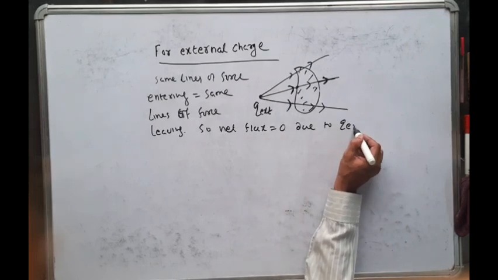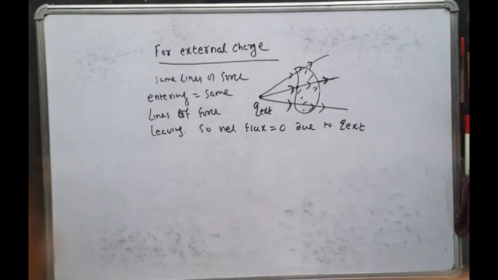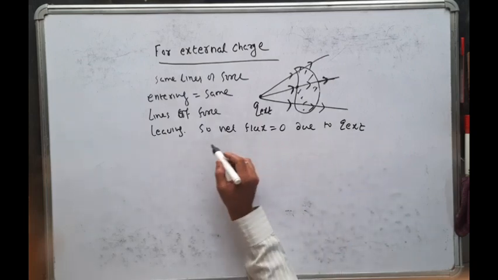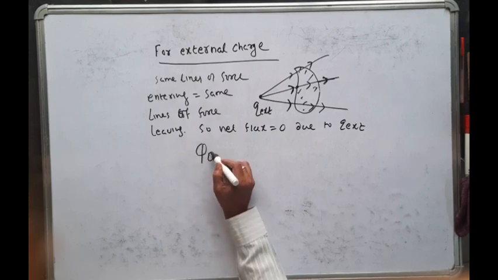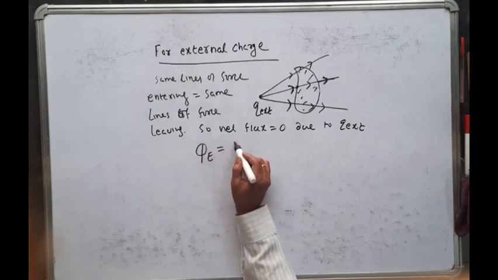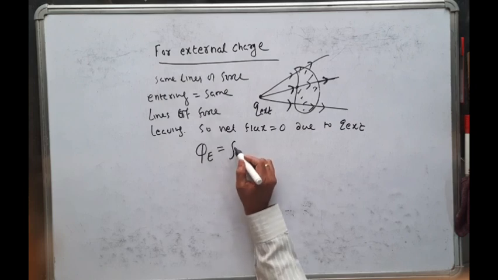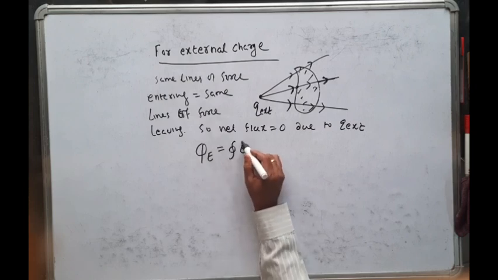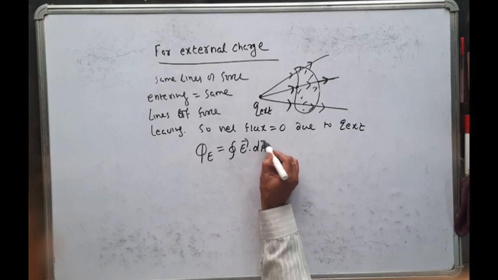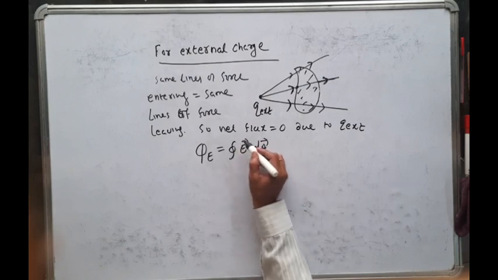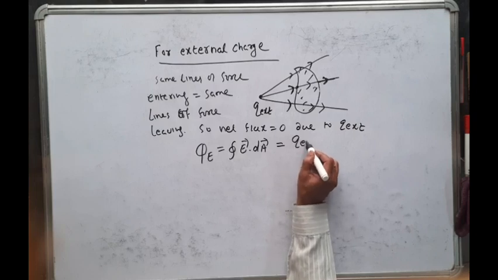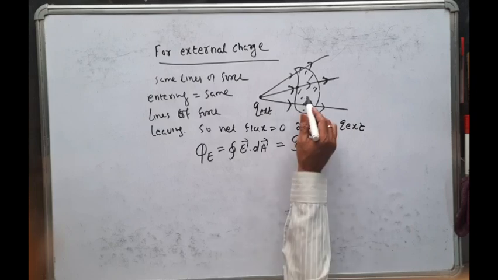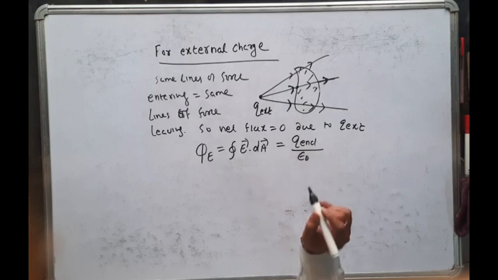Due to an external charge. That's why Gauss law proved that the total flux through a closed surface, which is the surface integral of the electric field, the mathematical expression of the flux, is equal to the charge enclosed by the surface divided by epsilon naught.